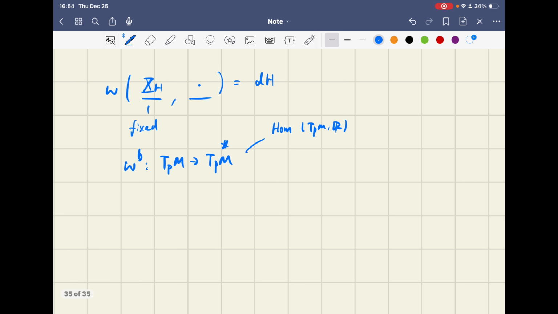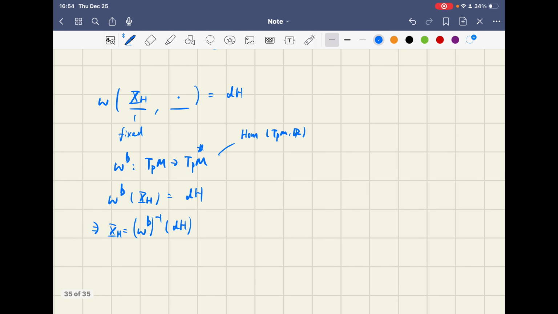So we denote this as the newly transformed one-form. So omega flat of XH is going to be equal to dH, and now we can obtain the expression for XH. XH would be omega flat inverse of dH.